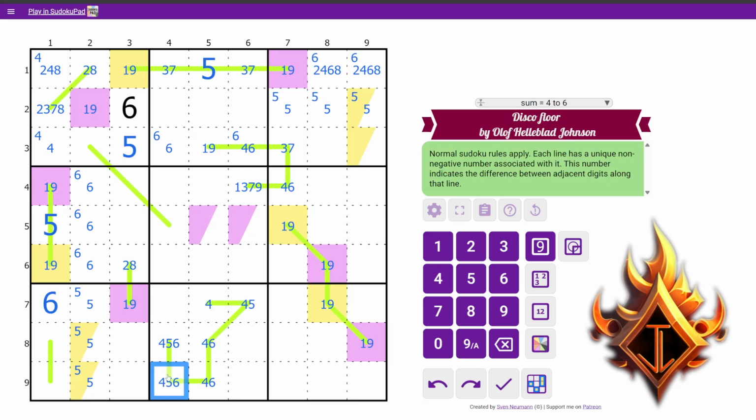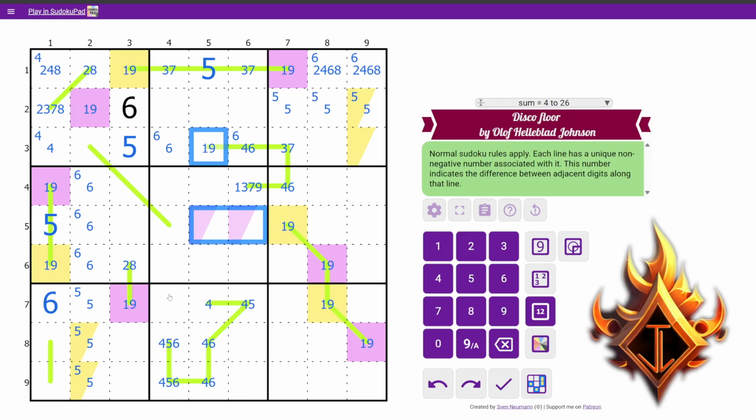Oh, and pink cannot go there because it would be on an extreme end. If it's a 1 or a 9, it has to be at the beginning of the line. So pink cannot be here because we know it goes there, and it would force it to this column, and these two here would point it to there, and that will not work.